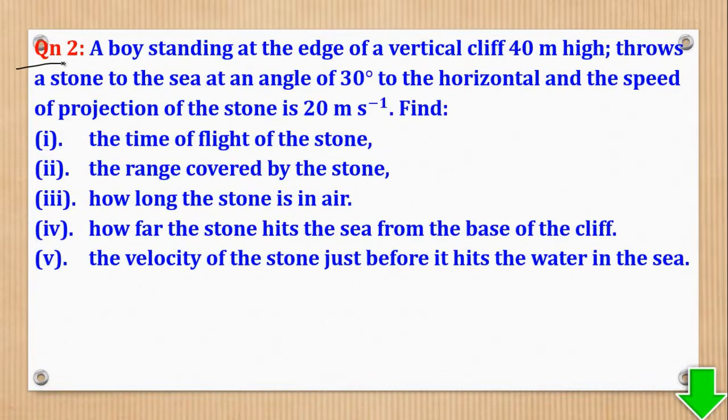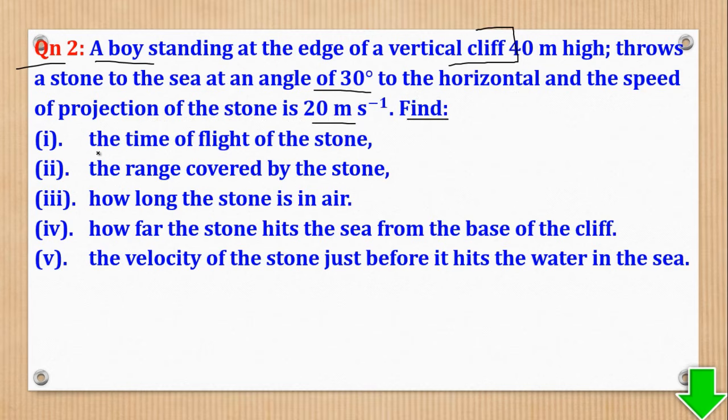That was question 1. Question 2 says, a boy standing at the edge of a vertical cliff 40 meters high throws a stone to the sea at an angle of 30 degrees to the horizontal, and the speed of projection of the stone is 20 meters per second.